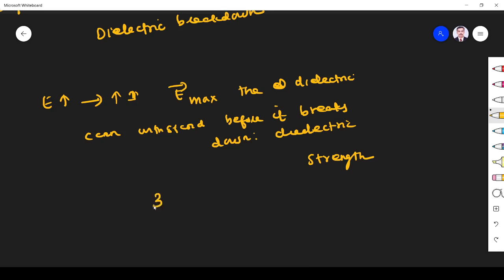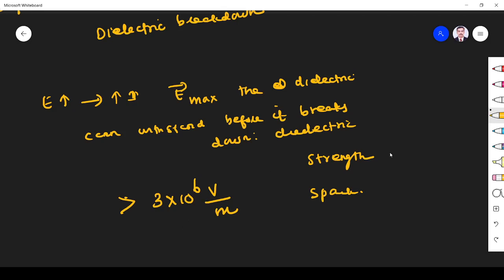For air, the dielectric strength is 3 times 10 to the power 6 volt per meter. That means it is 30 lakh volt per meter. Up to that much electric field, our air can withstand. Once it is greater than 3 times 10 to the power 6 volt per meter, only then will we see some spark like lightning or thunder.